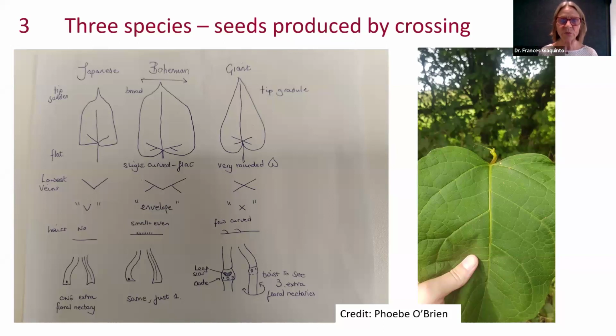And the really important thing to know is when you have giant knotweed or Bohemian knotweed in the locality where Japanese knotweed is also present, the chances are you're going to get seed dispersal, which means that plants can appear anywhere. So this is a really important point to be aware of.